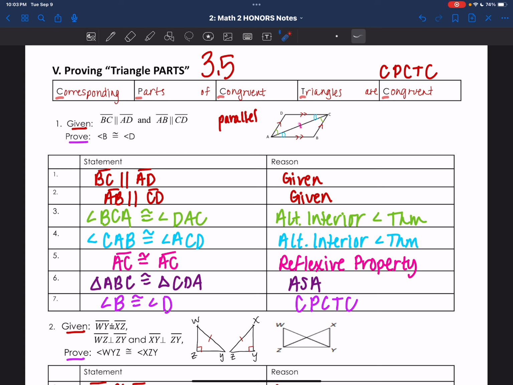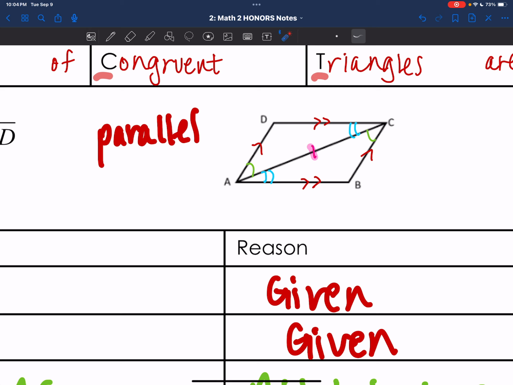So now that we know that this is parallel to this, and this is parallel to that, now we can start looking at the angles. So if angle BCA, DAC, we want to show that they're congruent. How do we know they're congruent? Well, here's how we know. This is my transversal.